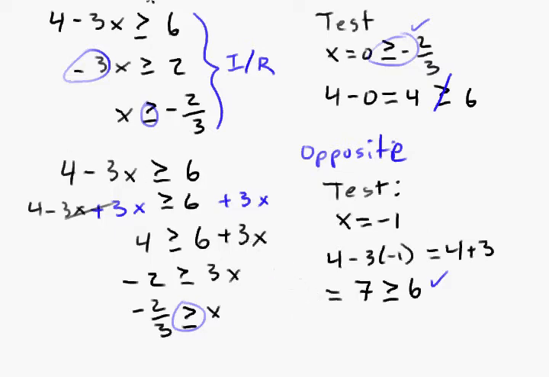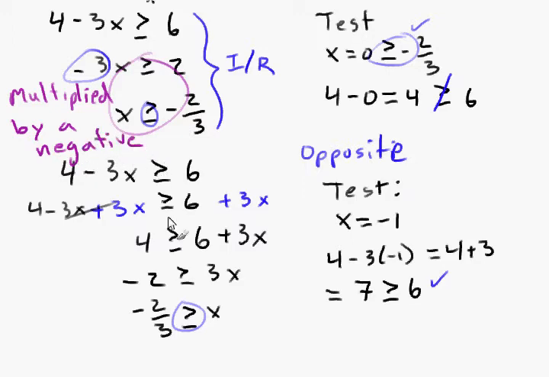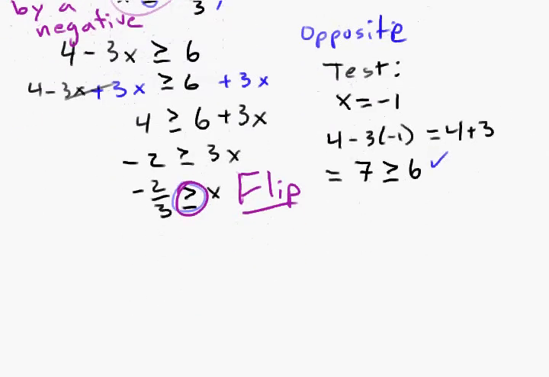So it looks like the problem was when we multiplied by this negative right in here. And what we're going to need to do is flip our inequality if we ever do that. So our solution should look something like this.